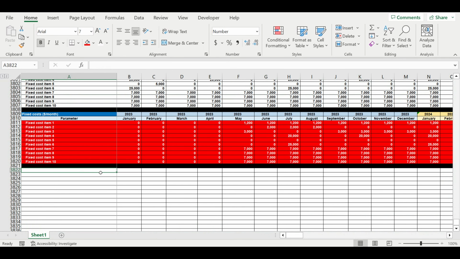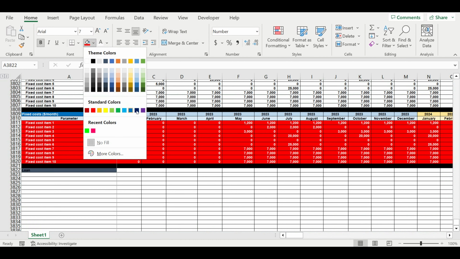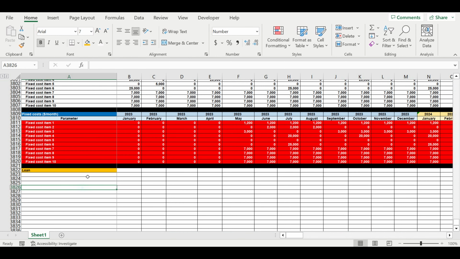So let's create a new block of inputs. First of all, let's specify the loan amount. Let's take $1 million. This is the input.